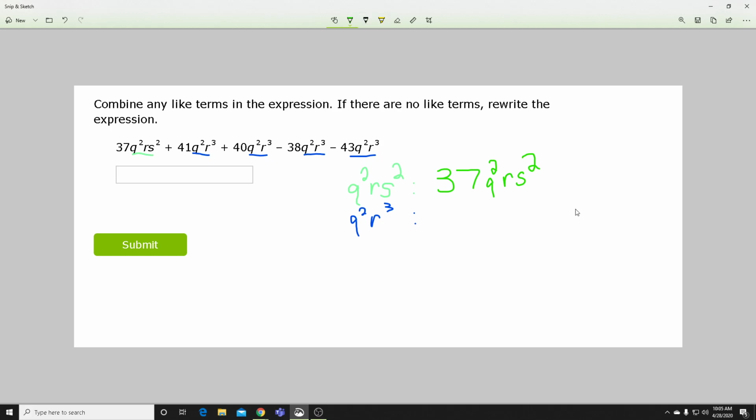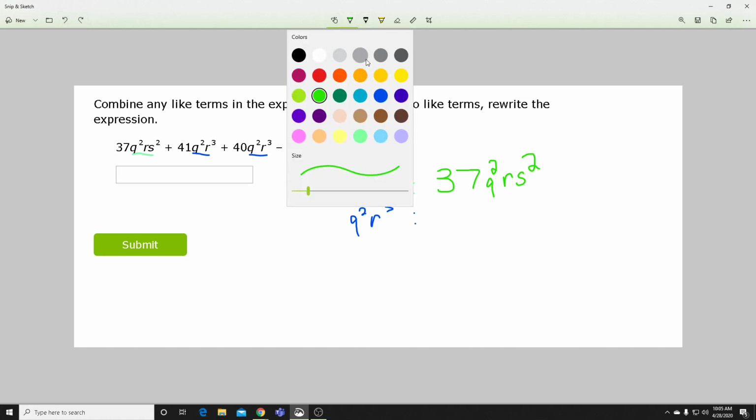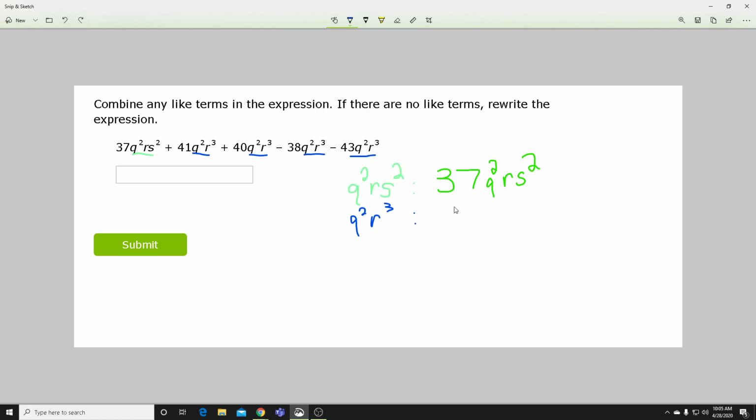So what we can do is the same thing as usual. I'm going to put this to the side, q squared times r cubed. And now I'm going to add up each of the coefficients in front of the q squared r cubed.